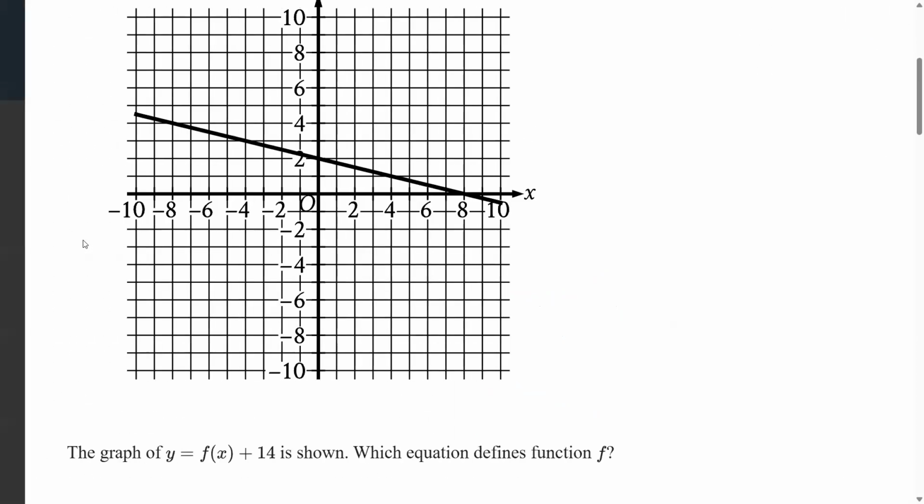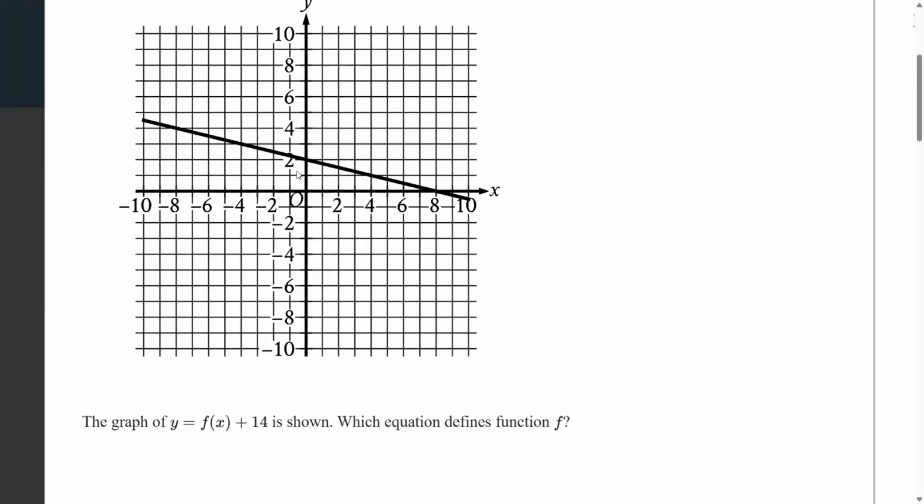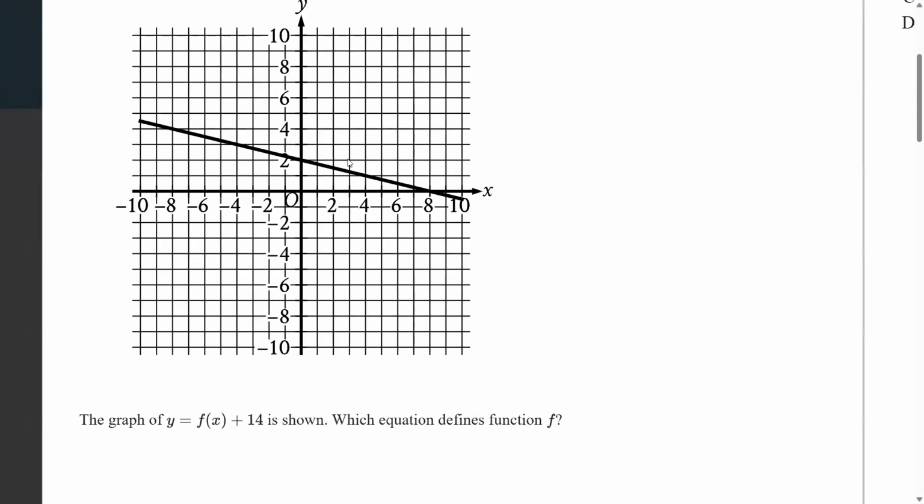The graph y equals f(x) plus 14 is shown. Which equation defines function f? Let's get this function and then subtract 14. Let's get the slope for this function first. So we take 2 points. Take this point, for example, and this point.